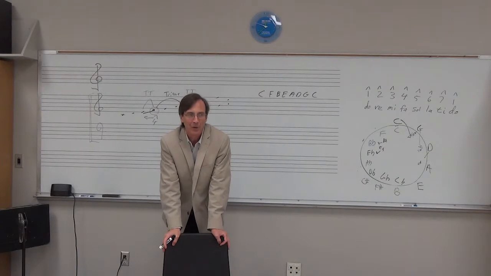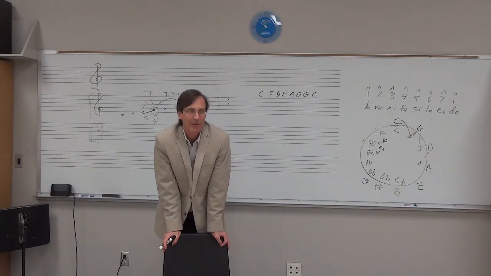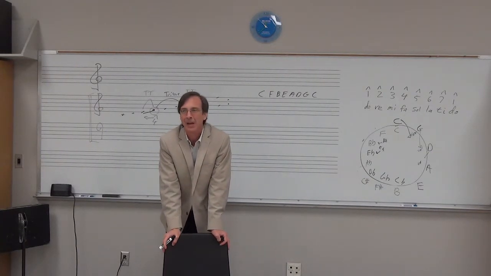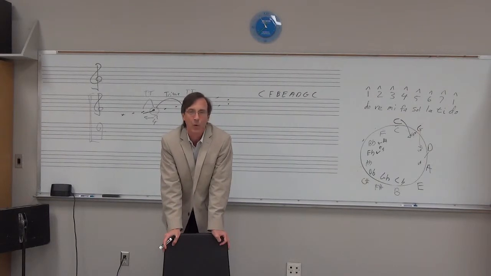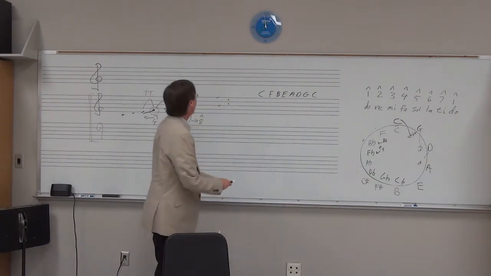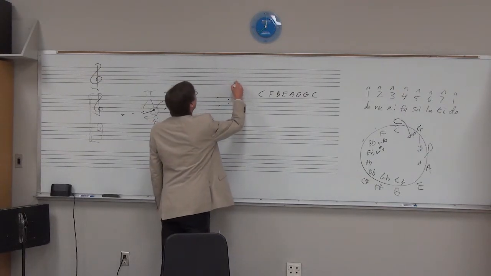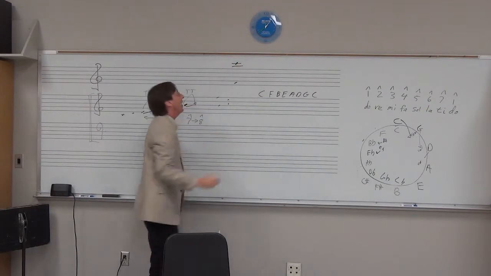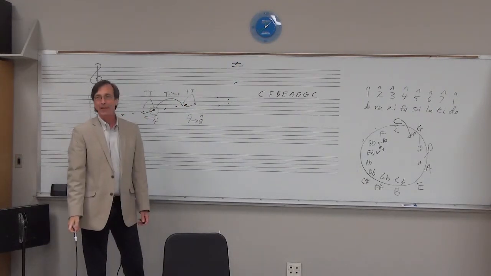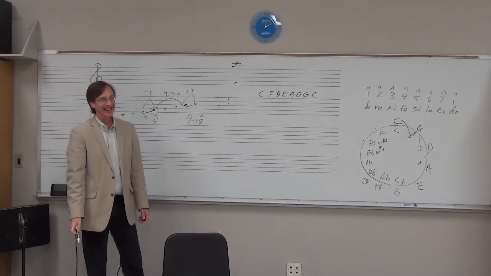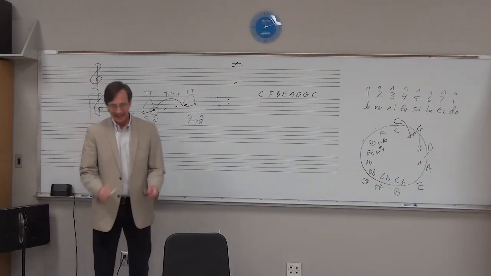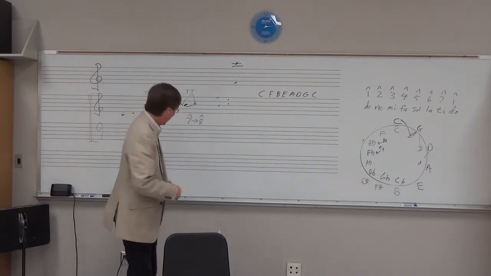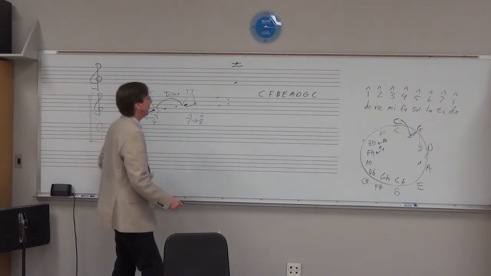We don't really do 11th, 12th, 13th, 14th, and 15th unless we're talking about really jazzy chords. If we see this interval here, I would think of that as a fifth. So we want to simplify and to be able to invert.